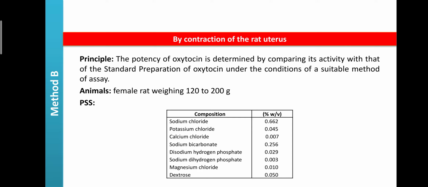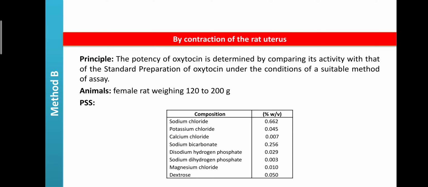Standard means it has a known concentration. Then you can match how much dose of the standard causes the uterine muscle contraction, then monitor your drug: how much of our test sample is needed to show uterine muscle contraction similar to the standard preparation. This is the main principle of method B, by contractions of the rat uterus.